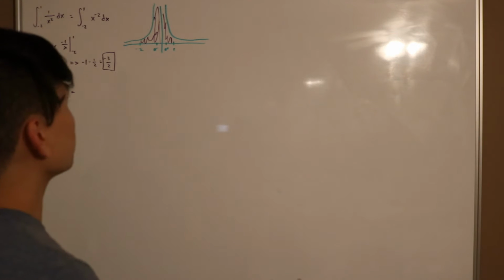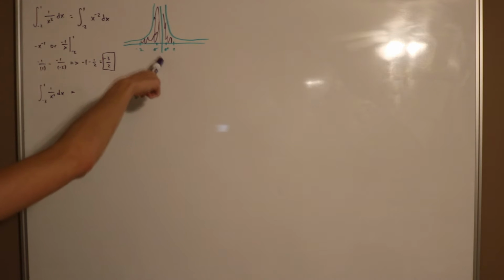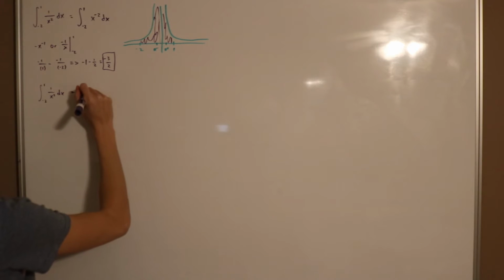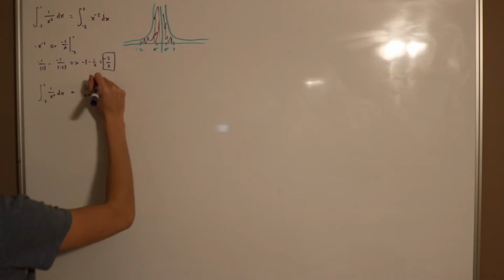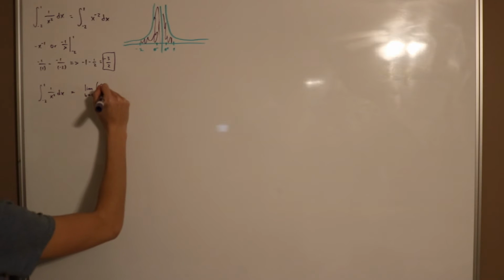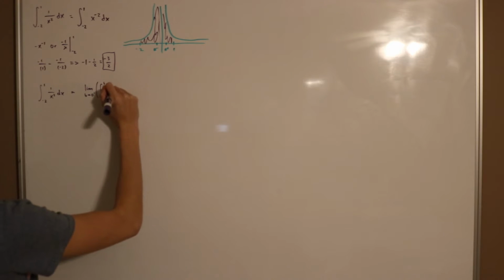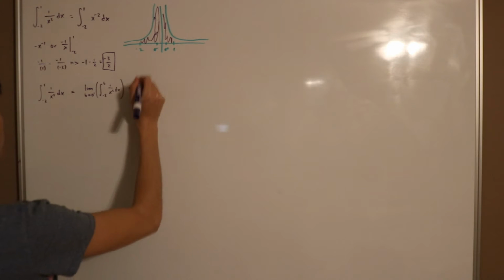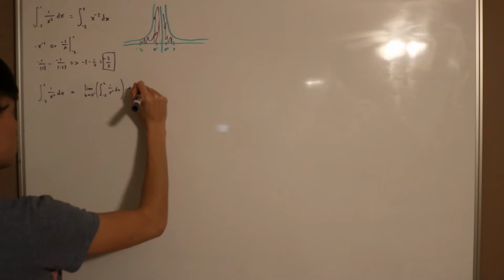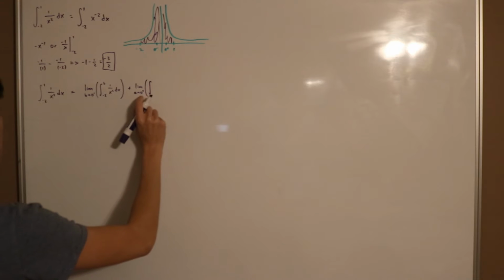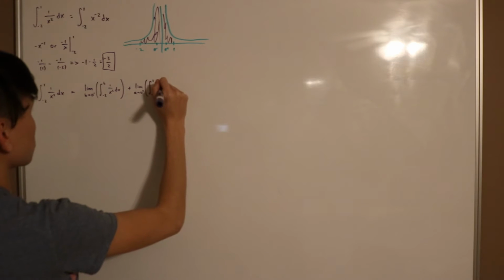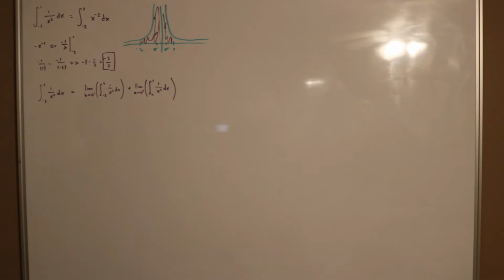And because we're taking limits, approaching 0 from the left and 0 from the right, we can rewrite it as the limit as b approaches 0 from the left of the integral from -2 to b of 1 over x squared dx, plus the limit as a approaches 0 from the right of the integral from a to 1 of 1 over x squared dx.